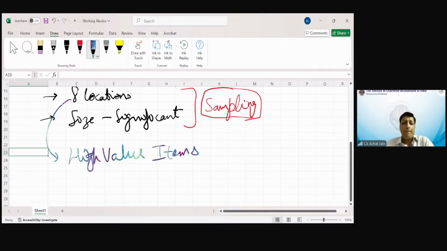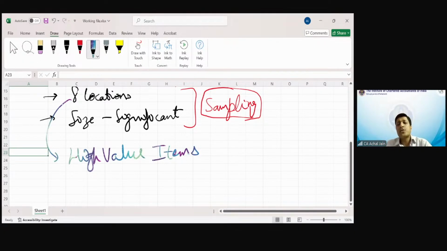Okay. Then second will be the medium value items, which are again selected but slightly lesser. And then third, low value items, which are again selected, but again slightly lesser. Why?